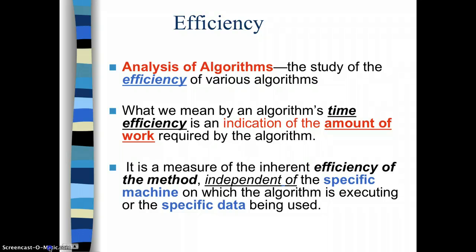So we don't want to rely on time in terms of seconds or minutes. We want to find a general, independent way to express the time it would take for the algorithm in terms of the input size of what you are trying to compute.